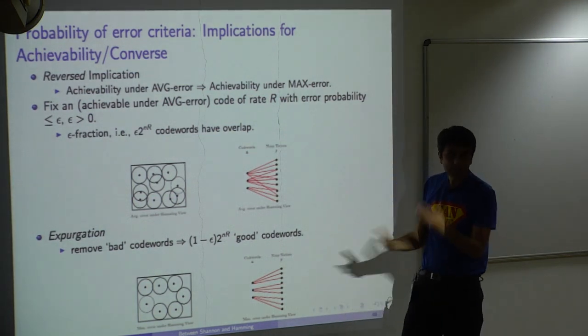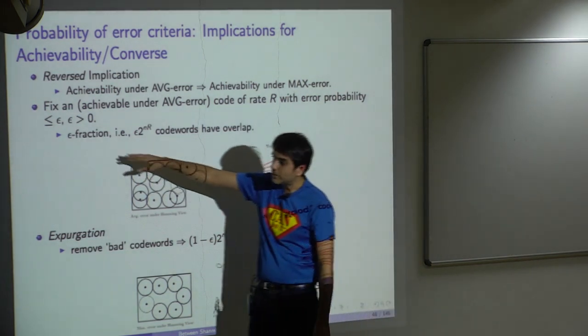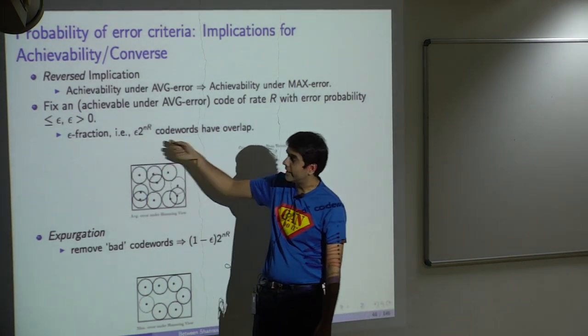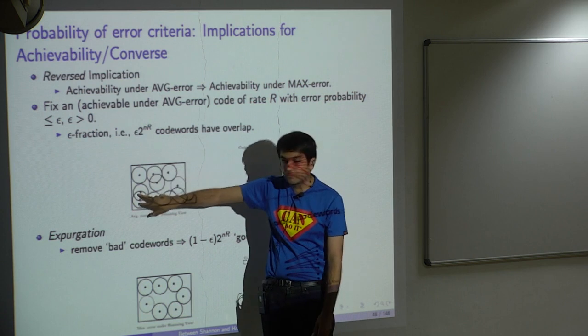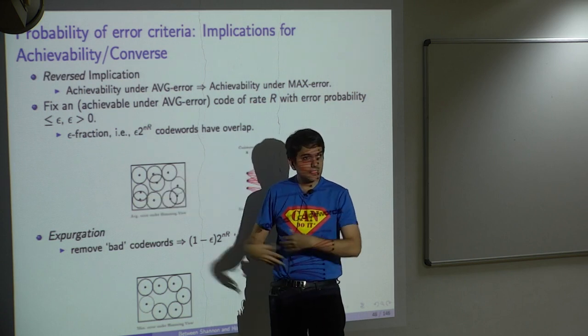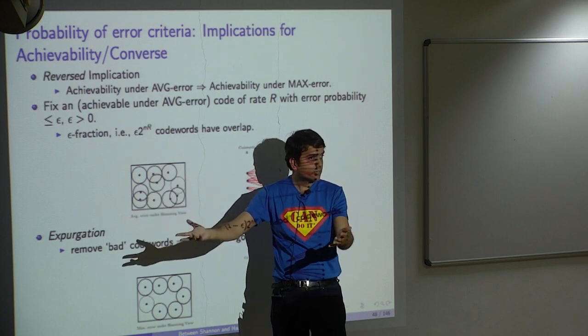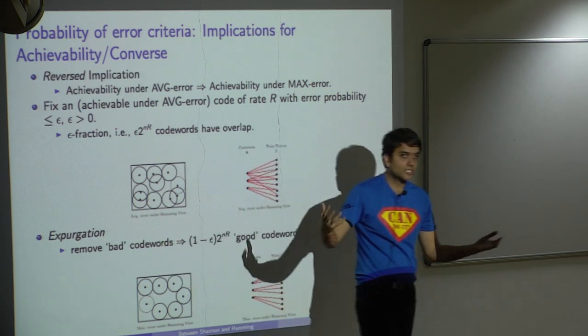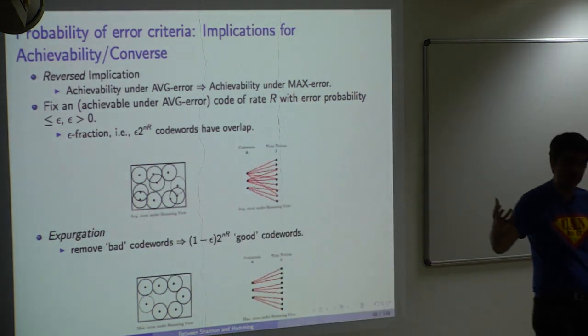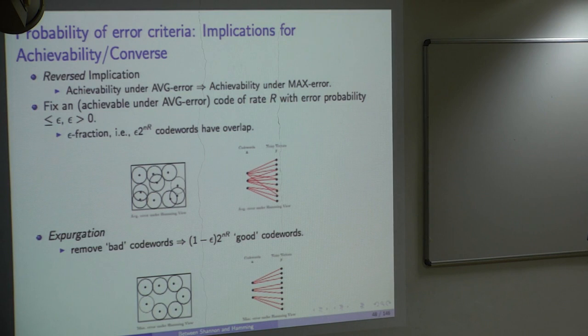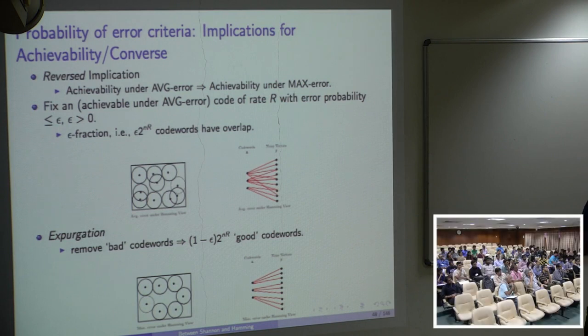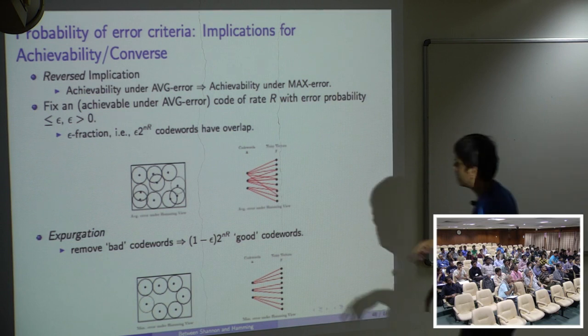So what that must mean is there's at most an epsilon fraction, so epsilon times 2 to the nR code words, which have some overlap property, right? So you just expurgate. You throw these code words away. Now your codebook has shrunk from 2 to the nR to something like (1 minus epsilon) times 2 to the nR.